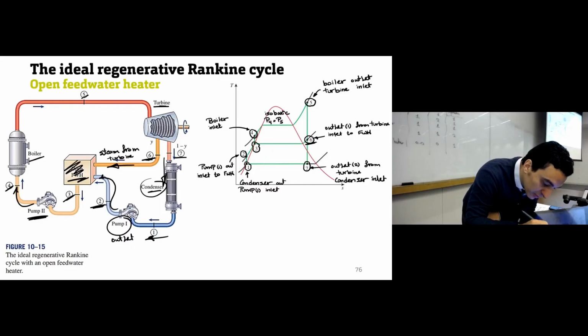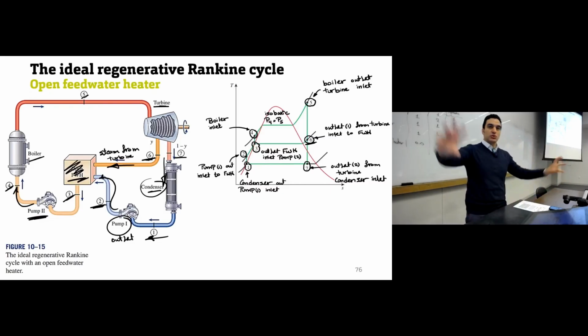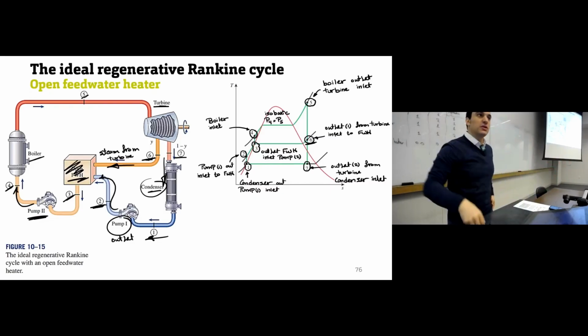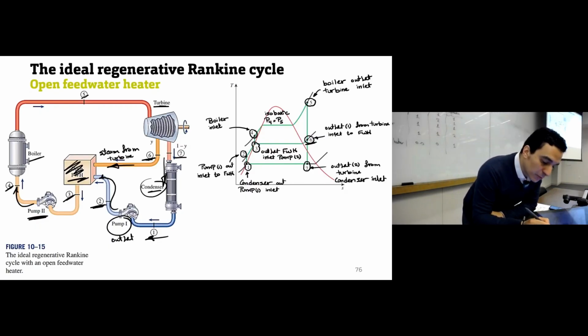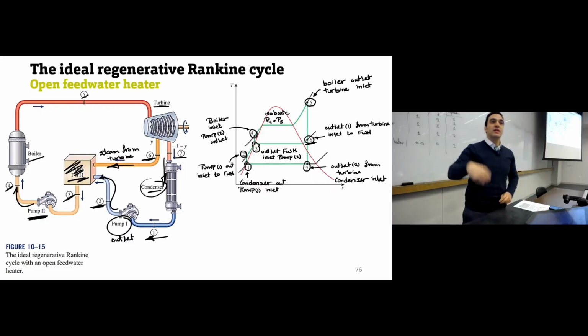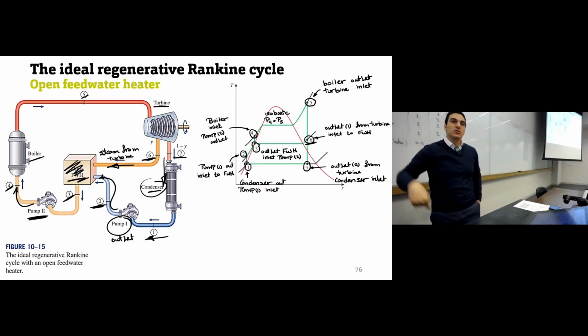This is the outlet of the feed water heater, which is the inlet to pump 2. So 6 and 2 mixed together give point 3, the mixed solution at conditions at point number 3. Point number 3 will go to pump number 2 in order to give you point 4. So 4 is the pump number 2 outlet, and at the same time, this is the inlet to the boiler, and the cycle will continue this way.